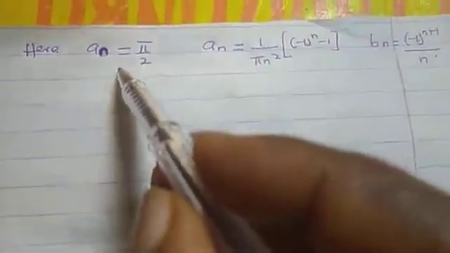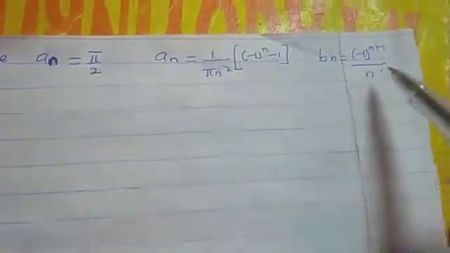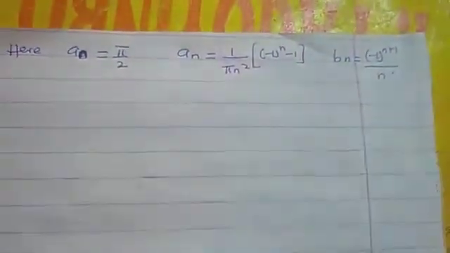So we have known our an, we have known our bn. Let's write them out. I've written them out here. A naught, we found it to be this. An, we found it to be this. And our bn, we found it to be this. Let us now write out the formula for Fourier series.